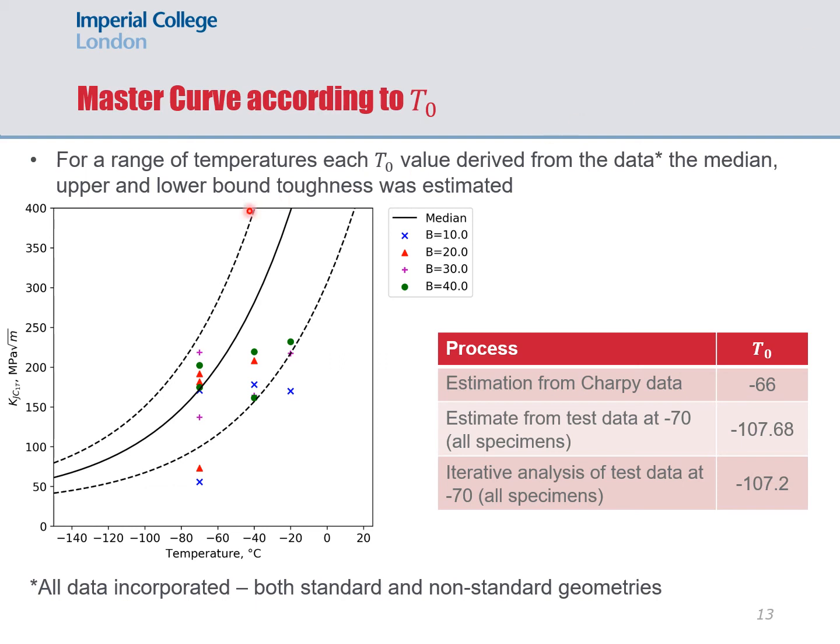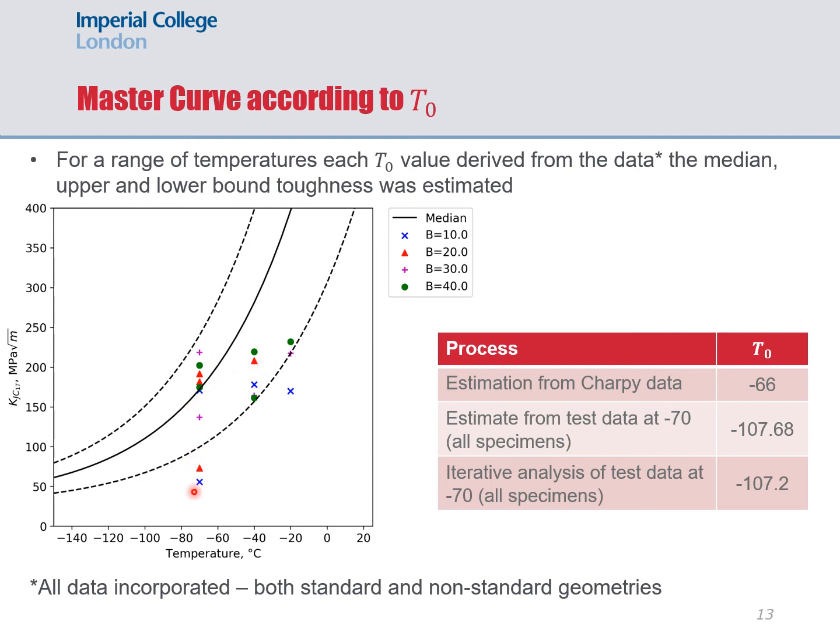What I've plotted here is the individual test data compared to the upper and lower bounds, and of course the median curve. Interestingly, some data fall outside of this lower bound toughness curve, but it should be noted that the median, upper and lower bound curves are based on the average calculations for KJC, whereas what I'm plotting here are individual temperature values.